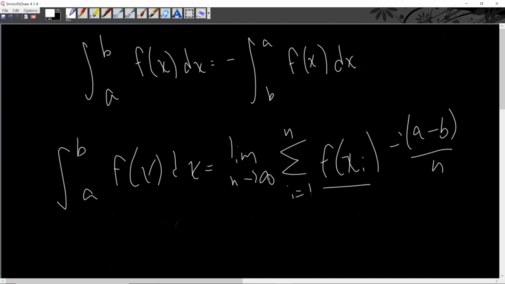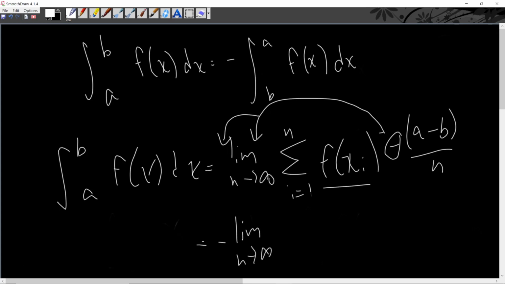By limit properties, we know that we can factor out this negative. Technically, we're going to factor it out of the sum, and then by limit properties, we can factor out negative 1, and so we should get the negative limit as n approaches infinity of this same infinite series.